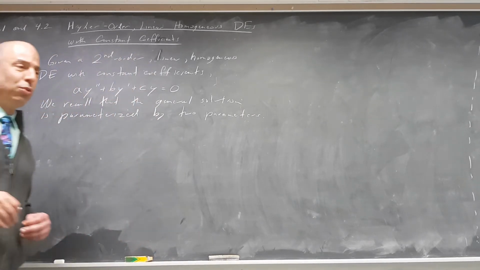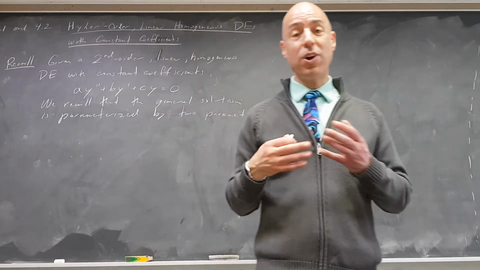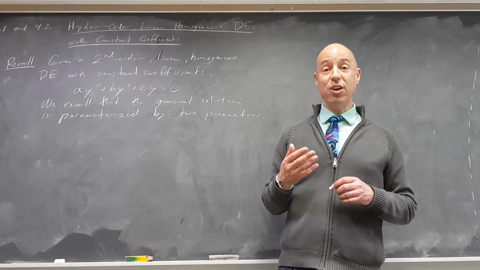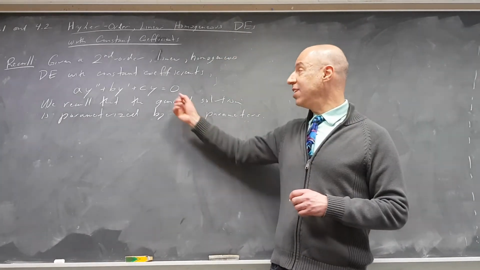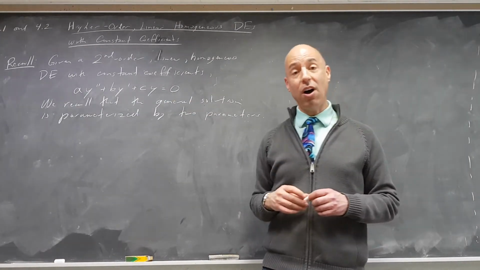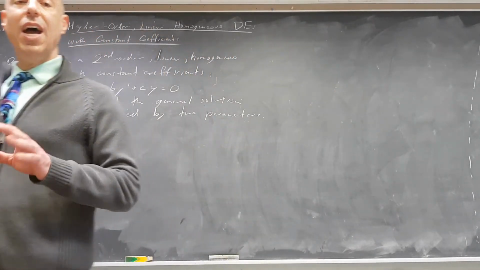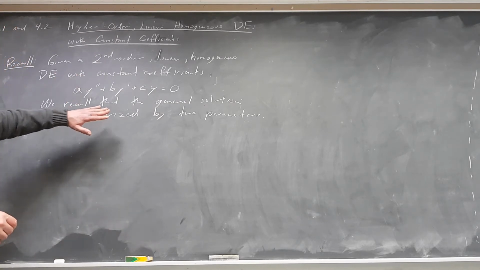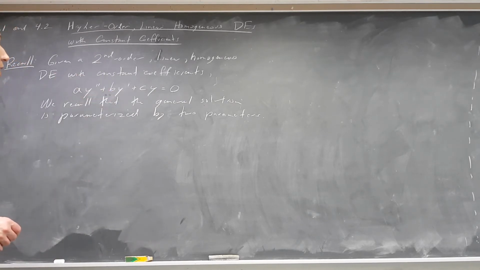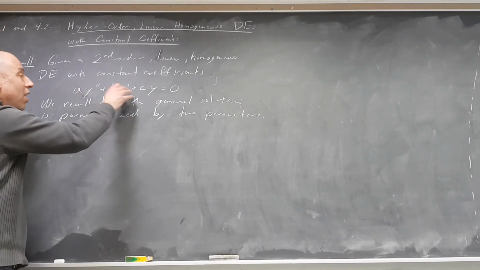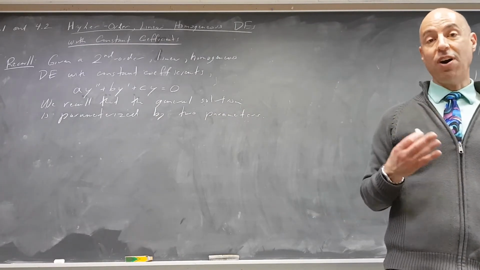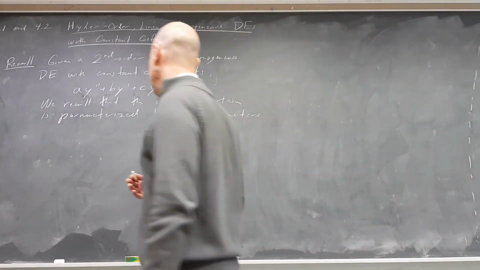Usually I refer to those parameters as A and B, and of course if I give you an initial value problem, if I give you initial conditions in addition to the differential equation, you can solve for those parameters. And of course the actual form of the solution has different forms depending on the form that we end up with when we solve the characteristic polynomial.